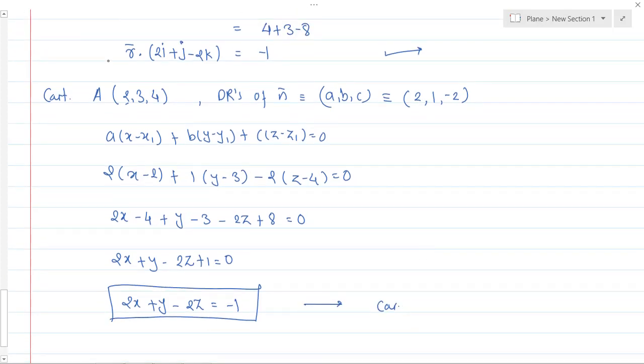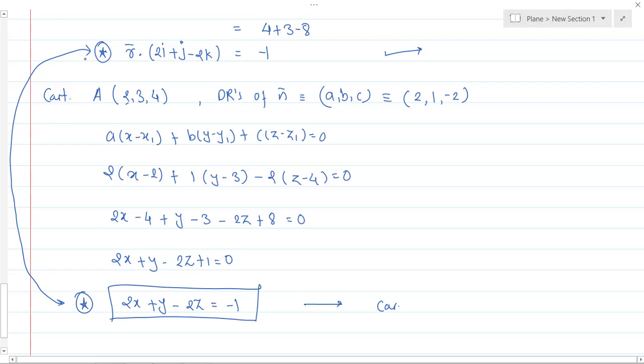So this is the vector equation and this is the Cartesian equation: 2x plus y minus 2z equals minus 1. I hope you are identifying some similarity between these two. If I replace r bar with xi plus yj plus zk, then you will get the same equation.